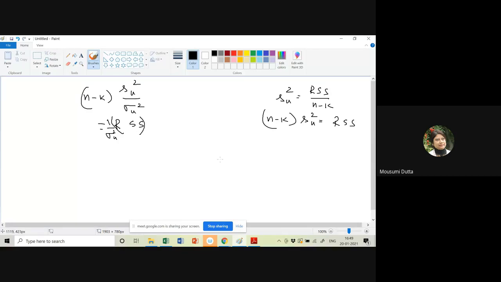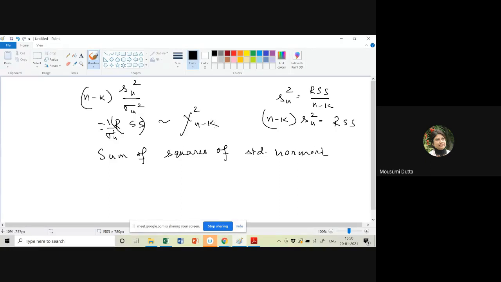So this will give you the sum of squares of standard normal deviates, and therefore it will follow the chi-square distribution with n minus k degrees of freedom.